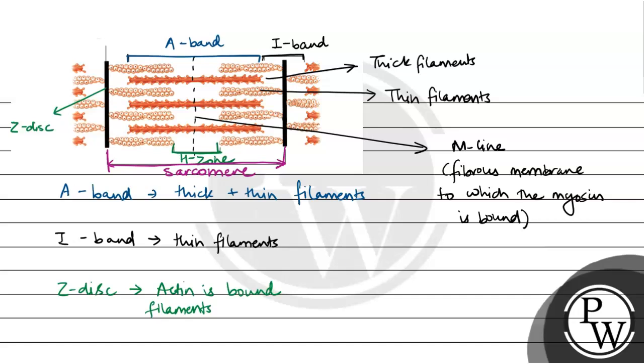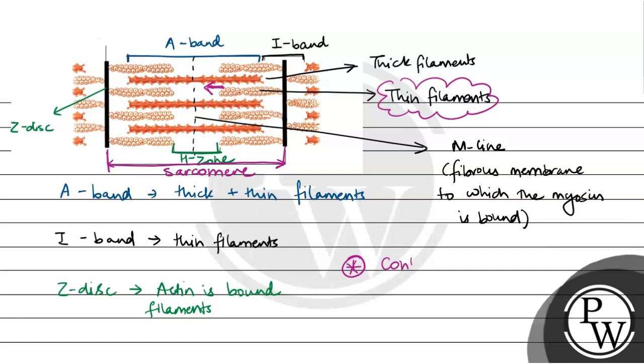During a muscular contraction, the actin filaments, the thin filaments, they move towards the M line. ये जो M line है, M line के towards actin filaments move करता है.